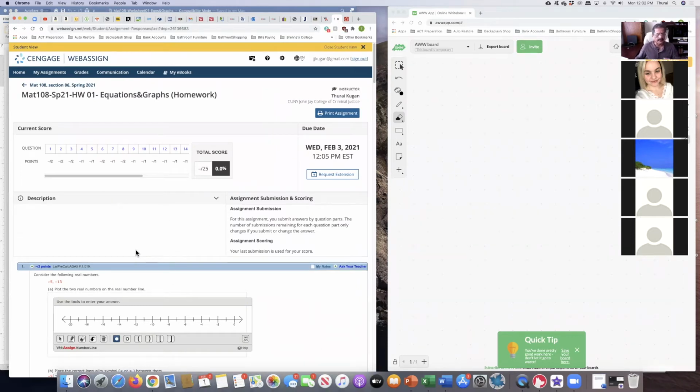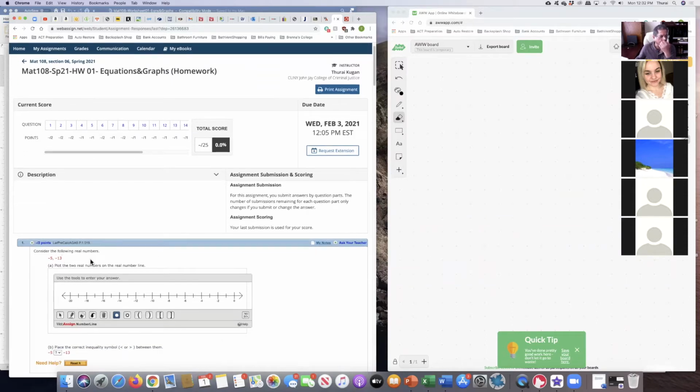Okay, so the questions in this first assignment are very elementary, basic algebra questions. So here is one. It says, mark these points on the number line, -5, -13. To mark that point, you pick up this solid circle tool, click at that, and then go to the -5, and there it is.